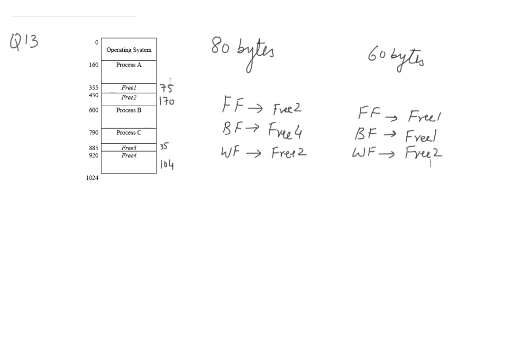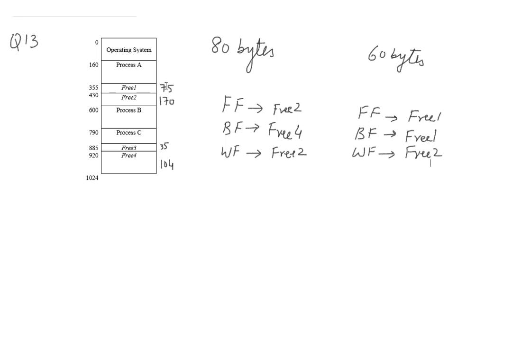Here I have written the allocated memory sizes: free 1 has 75 bytes, free 2 has 170 bytes, free 3 has 35 bytes and free 4 has 104. If you consider first to be free 1, then second to be free 2, and so on, first fit will give free 2 to the 80 bytes.